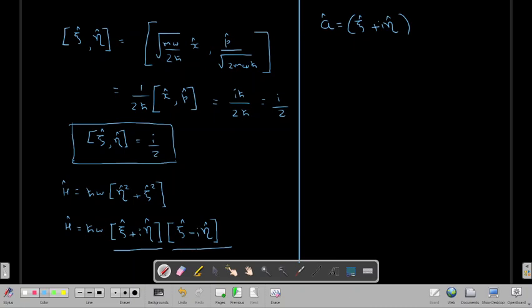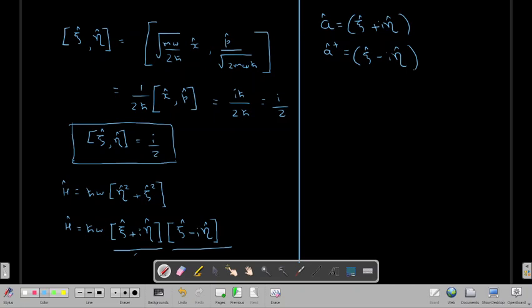And this quantity is nothing but a Hermitian conjugate of that quantity. So I can write this as A dagger, xi minus i into eta, okay. So these are our two important quantities.